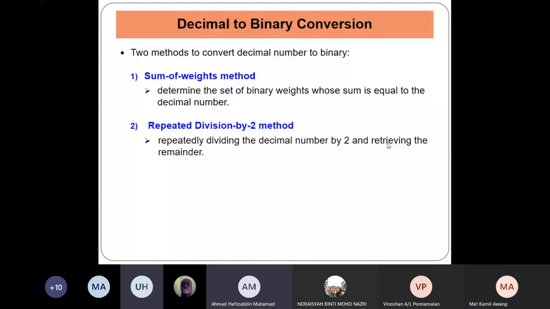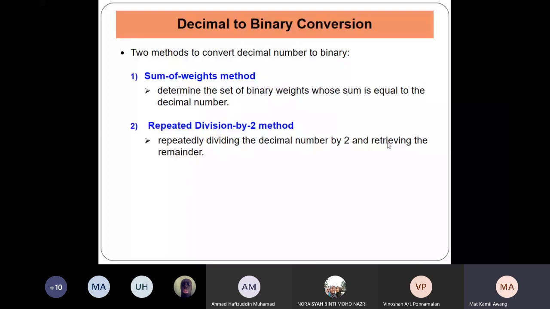Now, if you want to do the other way around, from decimal to binary conversion, if you are given a decimal number and asked to convert it into binary, you have two methods. These are called the sum of weights method and the repeated division by 2 method.